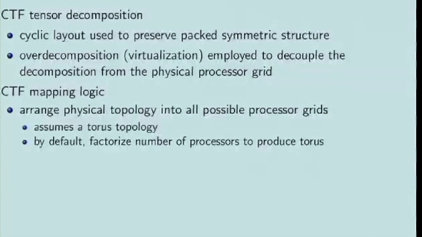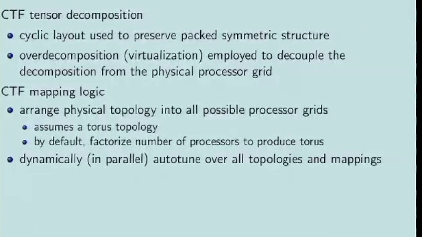On a more general network, we have some subset of nodes, and we interpret that subset as also a torus network, except with the maximal number of dimensions. So essentially we factorize the number of processes we're given and say that this is a torus network.